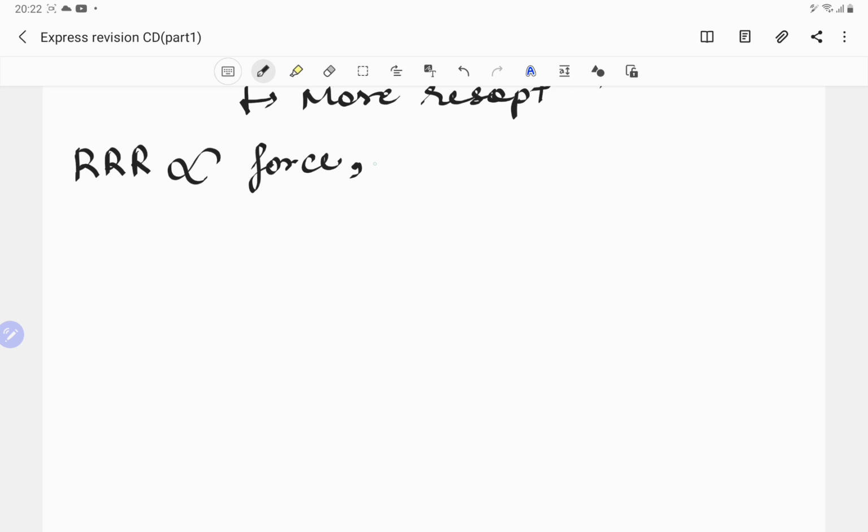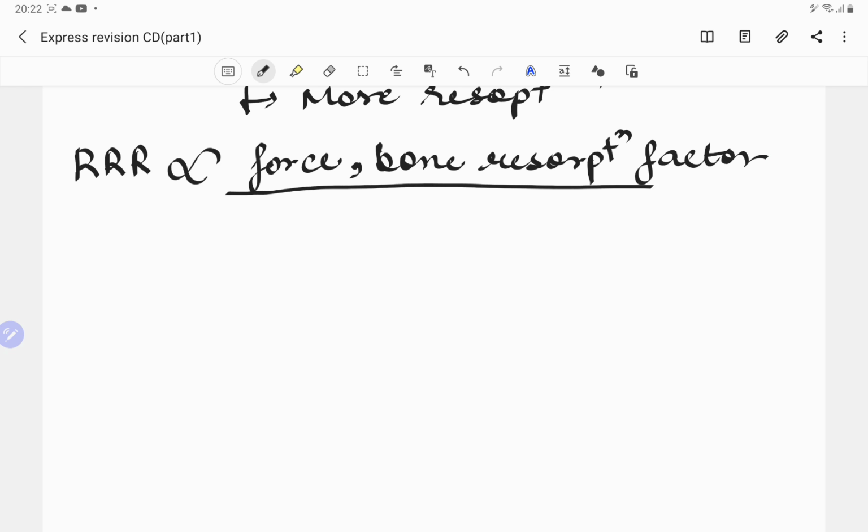That means the residual ridge resorption will be more. So the bone resorbing factors also are directly proportional to the residual ridge resorption. The more the bone resorption factor, the more is the residual ridge resorption.